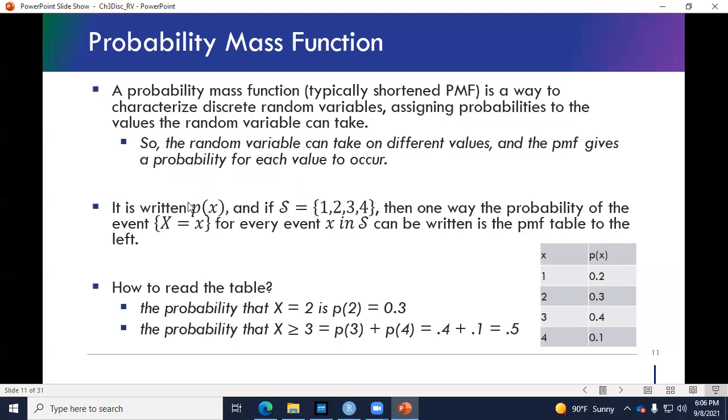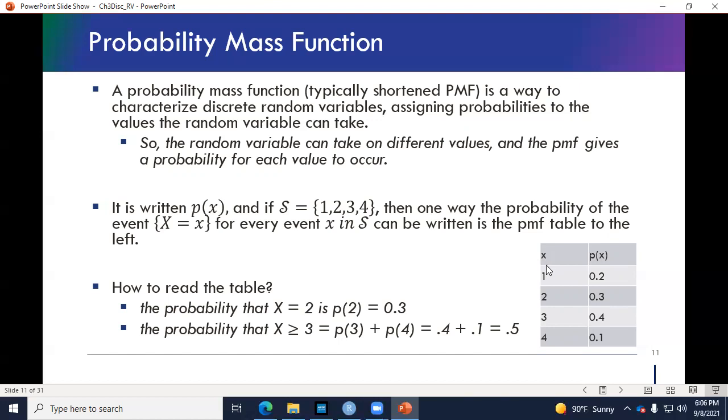You can see that it's written as P of X, where small x would be a realization. If your sample space is 1, 2, 3, 4, then the probability of the event X equal to small x, for every value in the sample space, can be written in the PMF table here.